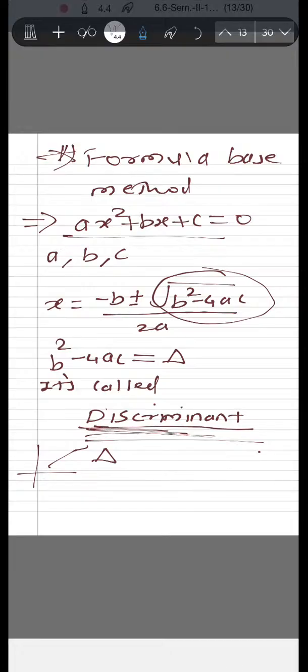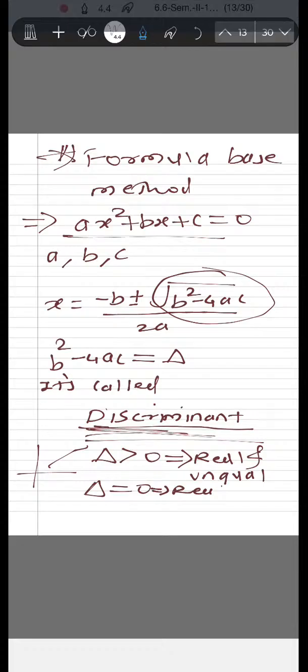If the value of b square minus 4ac is greater than 0, then the roots are real and unequal. If the discriminant value is equal to 0, then the values are real and equal.